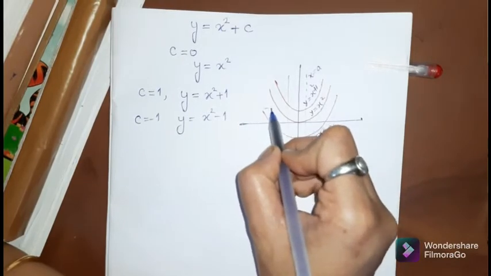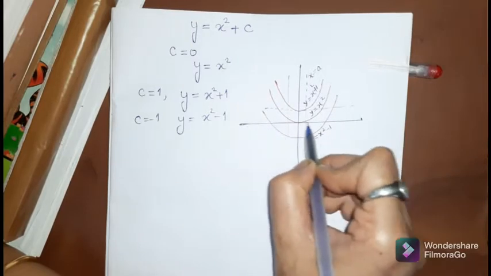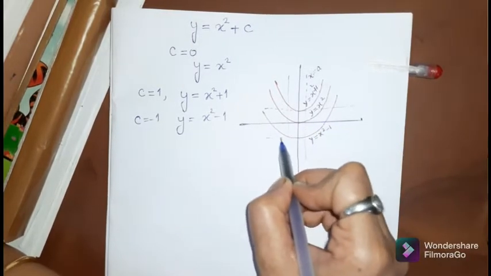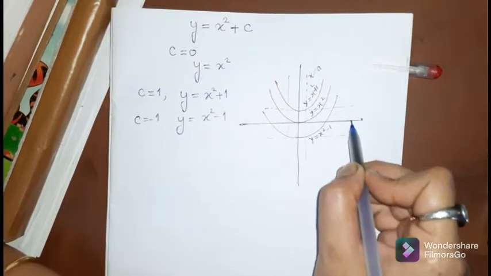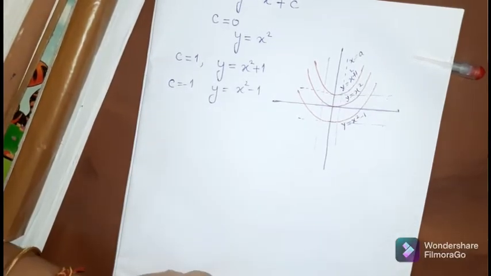This is the tangent for this parabola, this is the tangent for this one, and the tangent for this one; these three are parallel to each other, right? So this is the geometrical interpretation of an indefinite integral.